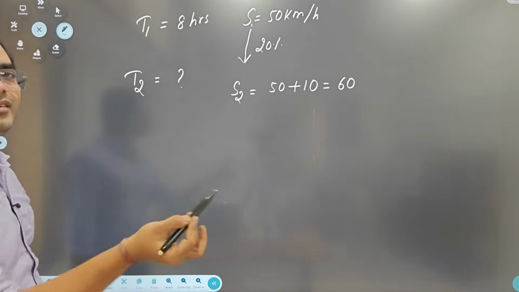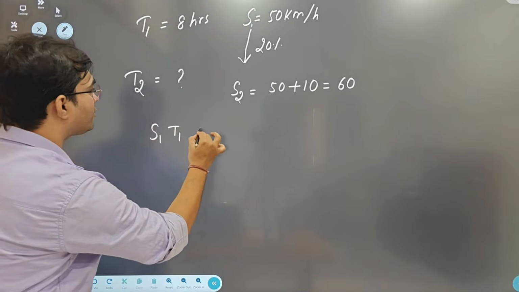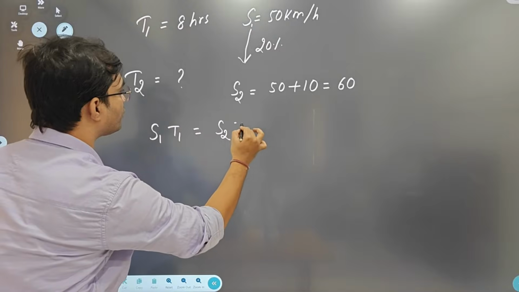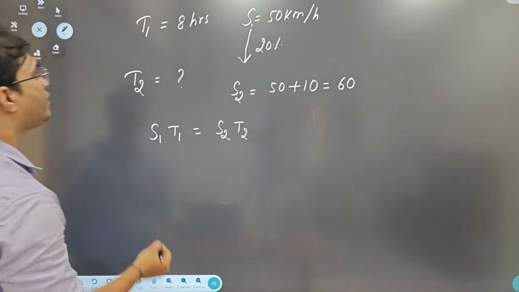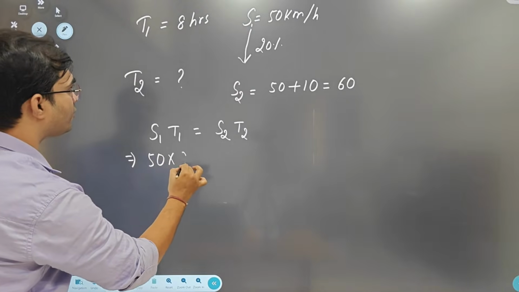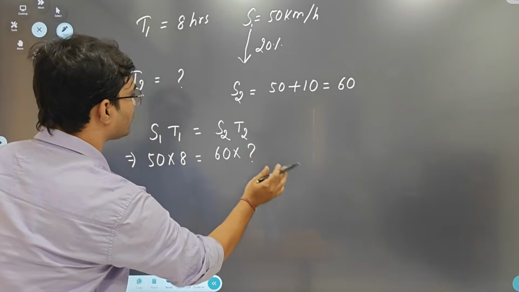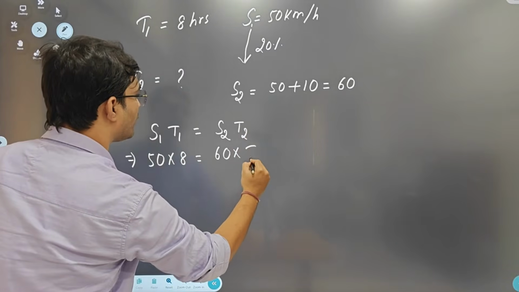Similar concept: distance is a fixed value. We can say that S1 T1 must be equal to S2 T2. What is S1 T1 here? 50 into 8 must be equal to 60 into which value? T2 value.